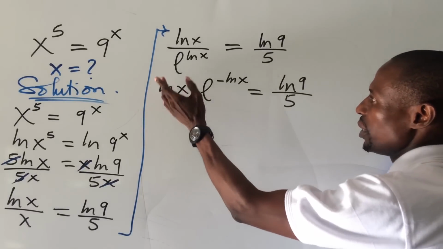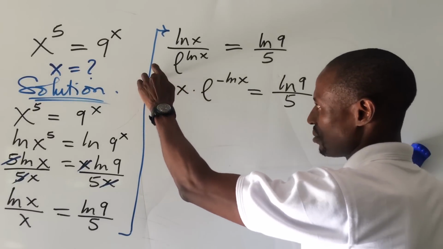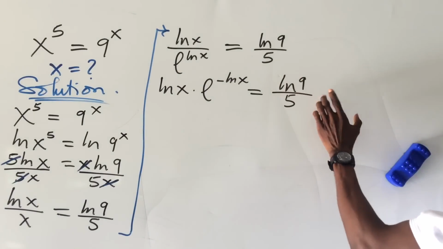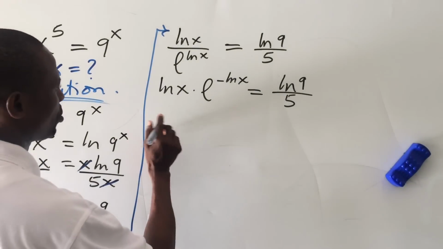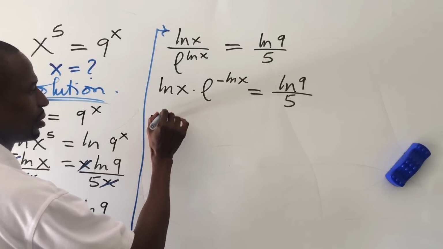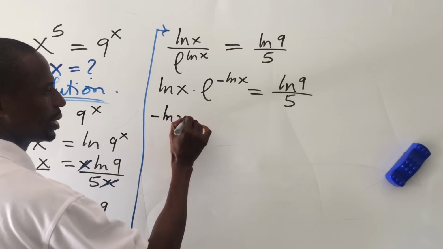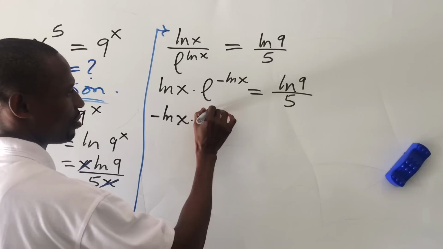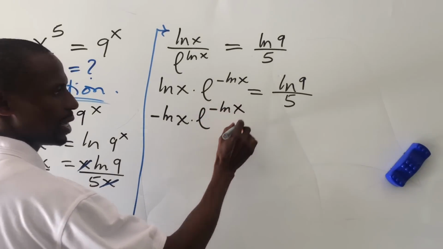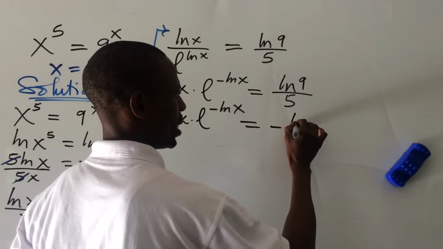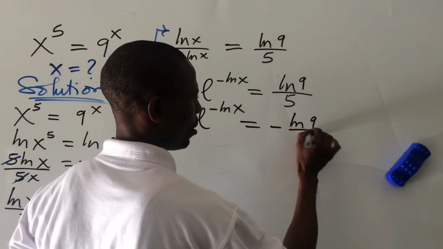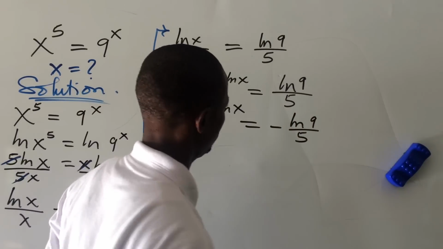So if we introduce a minus sign to this, then we will also introduce a minus sign to this other side. And so we're going to have minus ln of x times e to the power of minus ln of x equal to minus the ln of 9 all over 5.